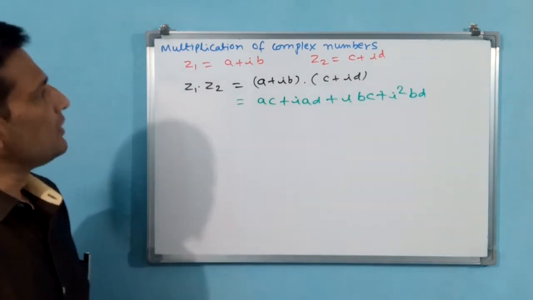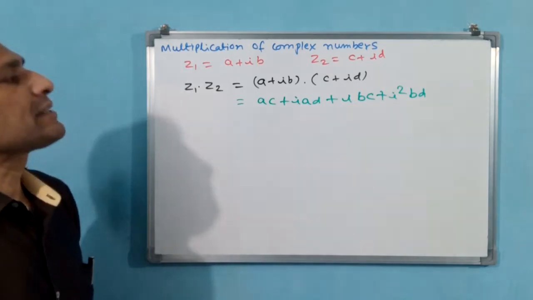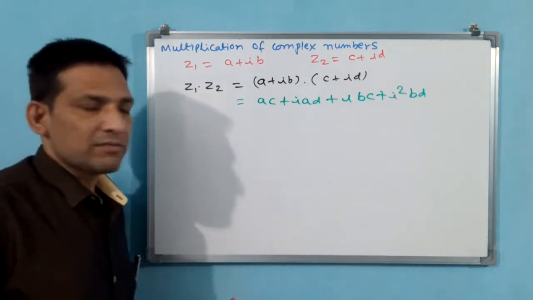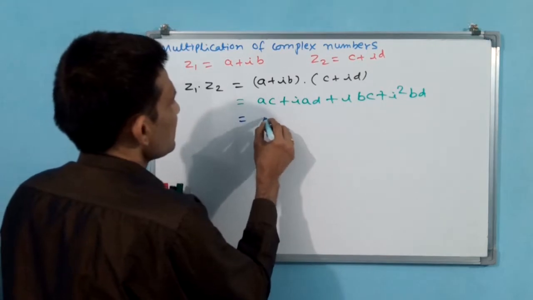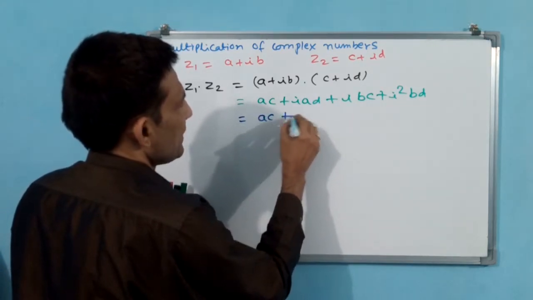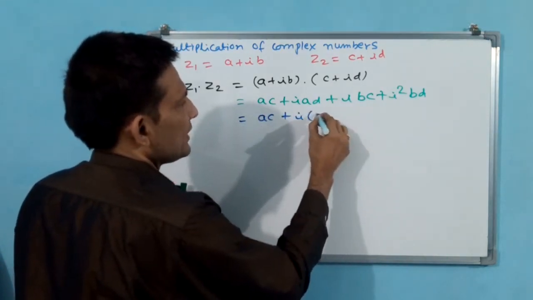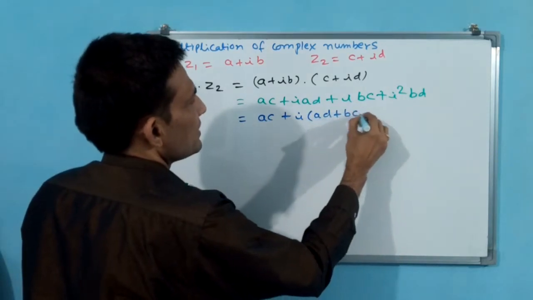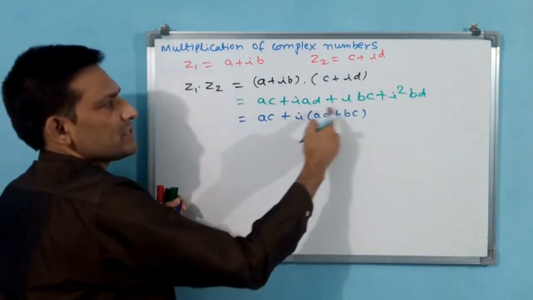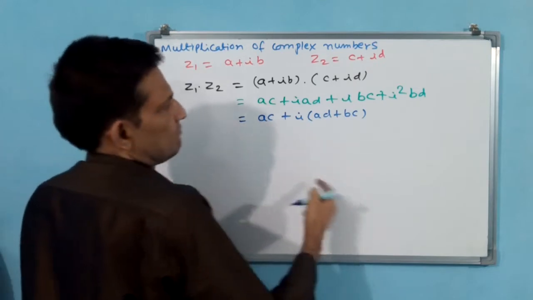Now convert this. Why? Because i square has the value minus 1. What I am writing, you see: ac plus i, you take common, (ad plus bc). Is it correct? ad plus bc. Why? Because both have i as common.